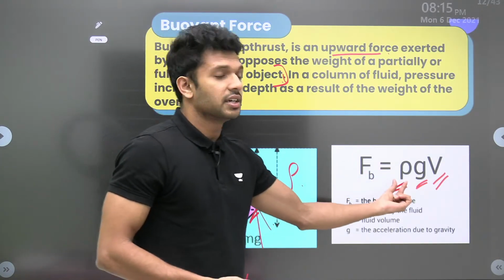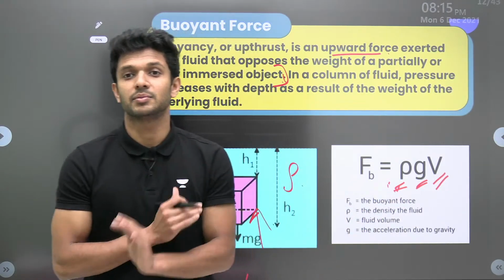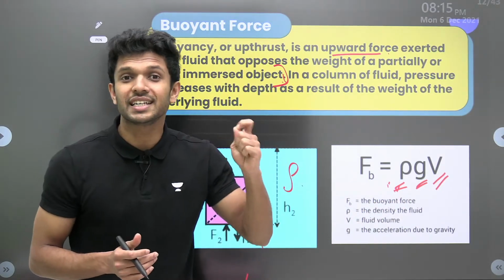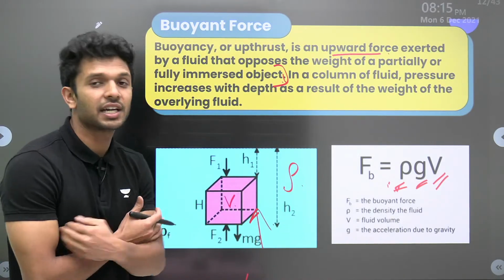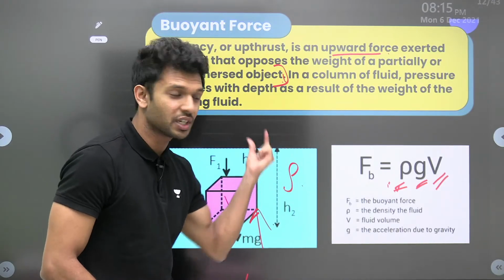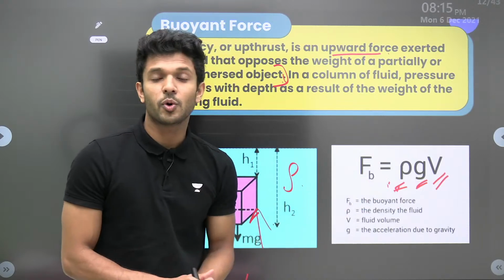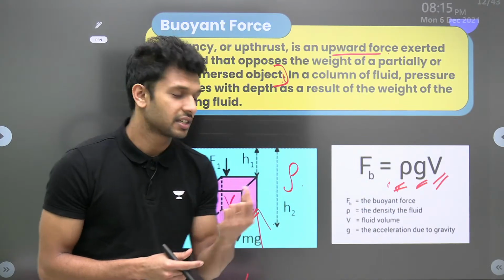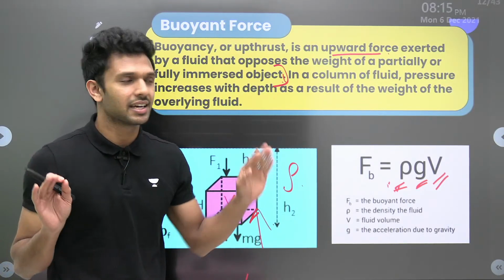Rho is the density of the fluid in which the material is immersed. So this is called buoyant force. This is the definition, this is the formula, and the direction is upwards. Clear till this part?